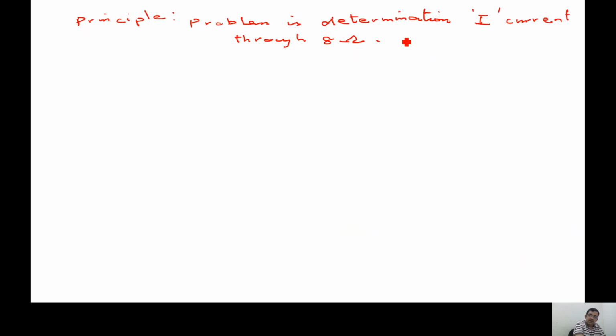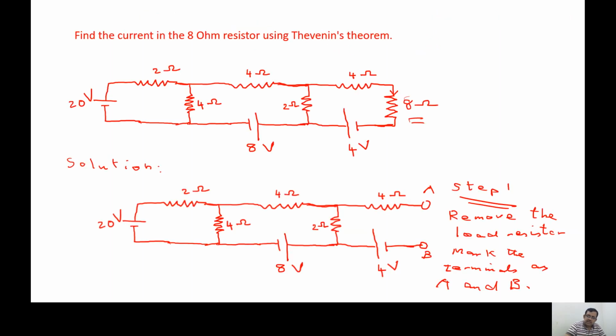Ohm's law says voltage equals current into resistance. So if I know the voltage across the terminals A and B by analyzing the entire circuit, then I can easily find the current.